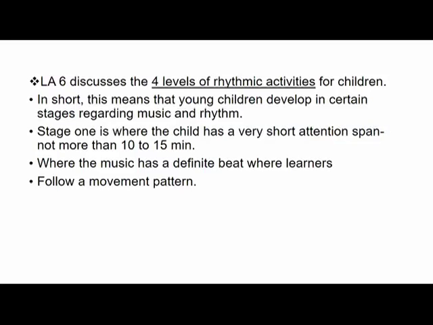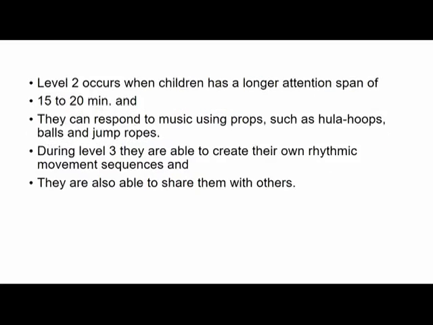LA6 discusses the 4 levels of rhythmic activities for children. In short, this means that young children develop in certain stages regarding music and rhythm. Stage 1 is where the child has a very short attention span, not more than 10 to 15 minutes, where the music has a definite beat, where learners follow a movement pattern.